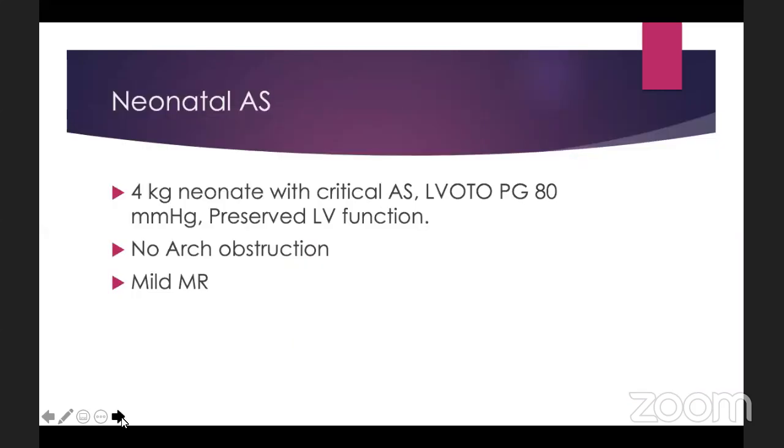So let's start with the first case of neonatal AS, a 4-kilogram neonate with critical aortic stenosis. Peak gradient on echocardiogram is around 80 millimeters of mercury with preserved function.